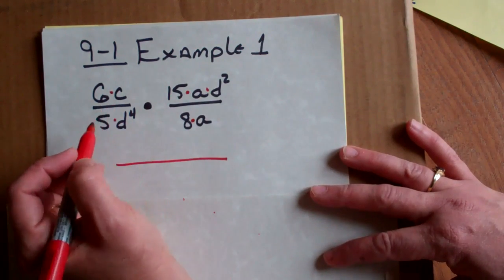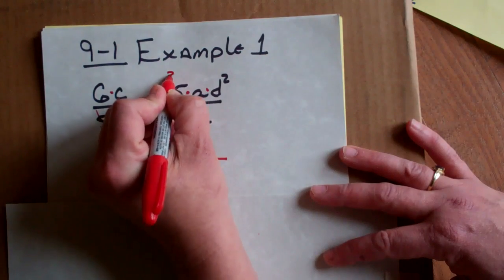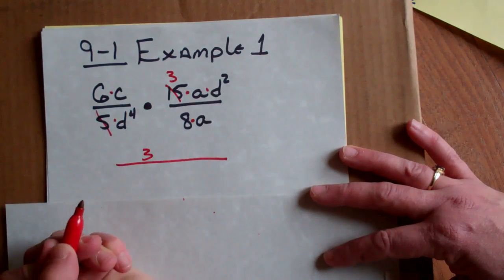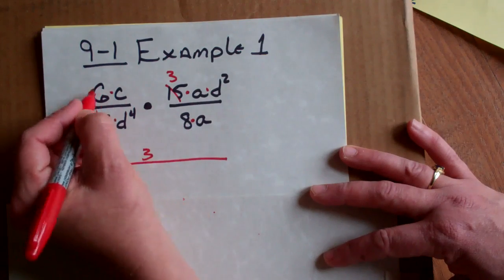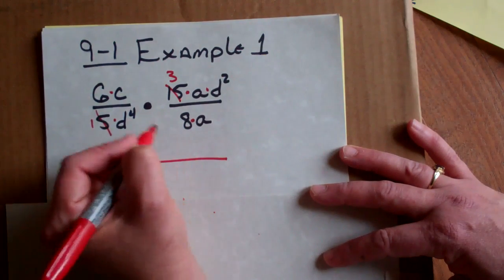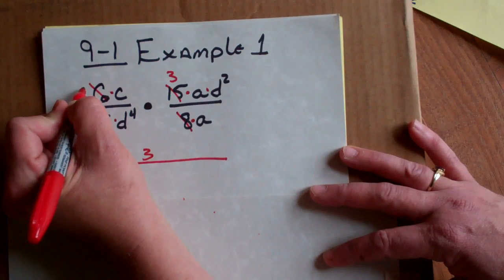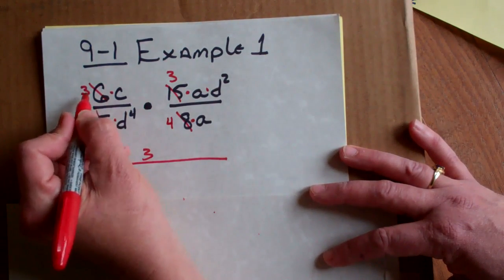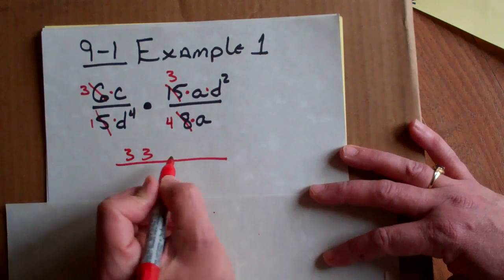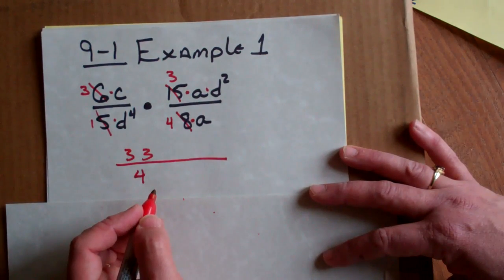So I can see that a 5 and a 15 would reduce with a 3 on top and a 1 on the bottom. I can see that 8 and 6 share a common factor of 2, which leaves a 3 and a 4. I just left a factor of 3 on top. Down below I have a factor of 4 and the 1, which I'm not going to write.